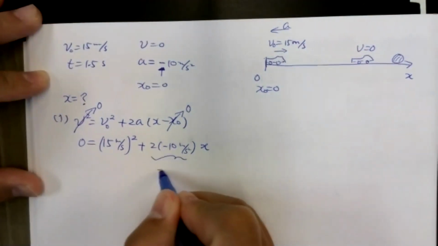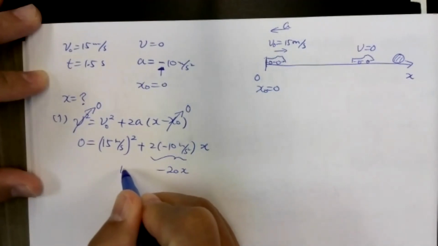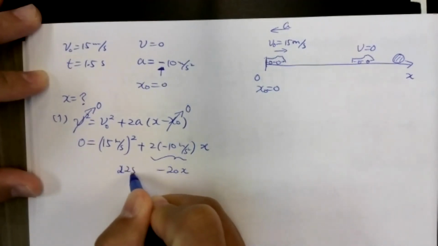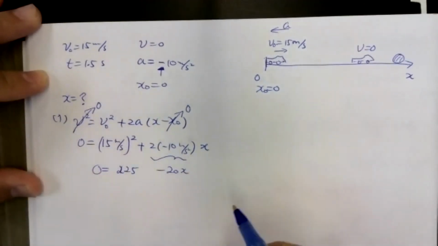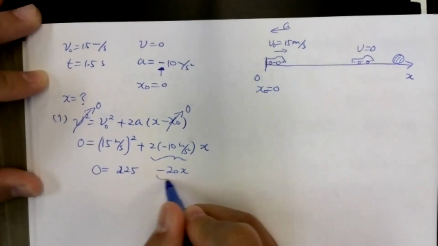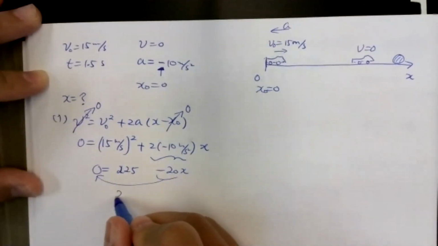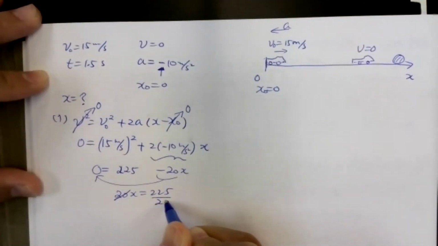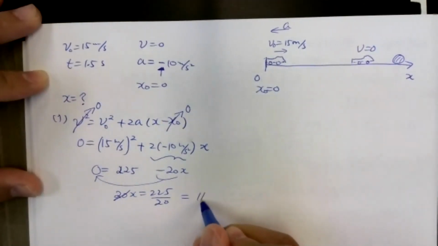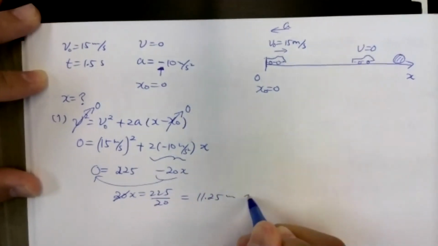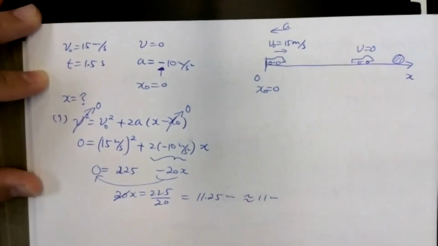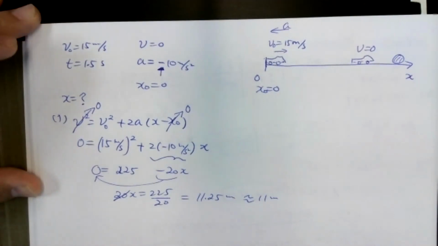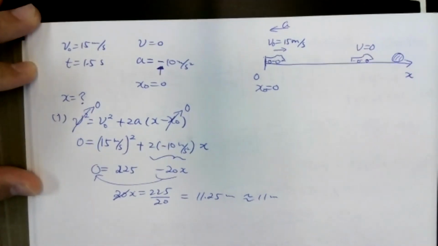This gives you minus 20x, right? 15 squared will be 225, minus that equal to 0. So then you can take this guy to the other side of the equation, which tells you 20x equal to 225. Then divide by 20, that gives you 11.25 meters, or 11 meters, okay? So it looks like 11 or 11.25 will be the correct answer here, okay?